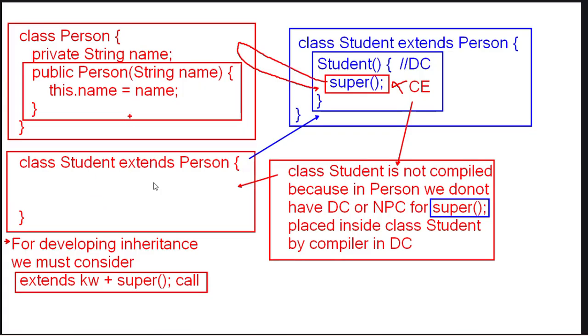How to solve this compile time error? I want to solve this compile time error. I want to compile this program. Presently it is an error, right? I want to compile this class. I want to make Student a subclass of Person. What to do?